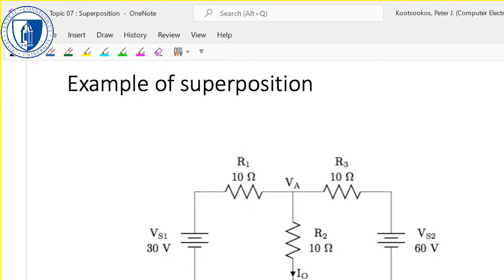We could do it using mesh analysis. I think we did it using nodal analysis. But the aim is to try and find I out, right?